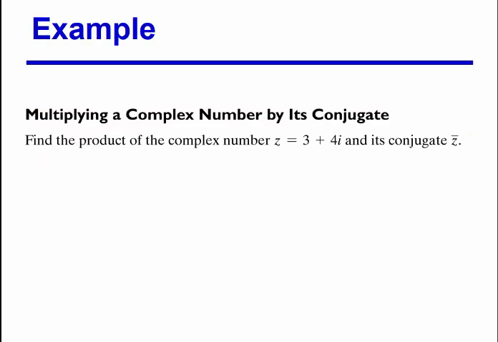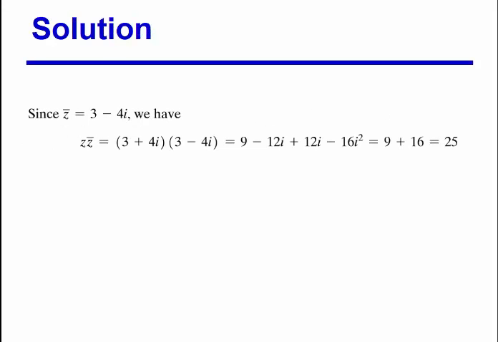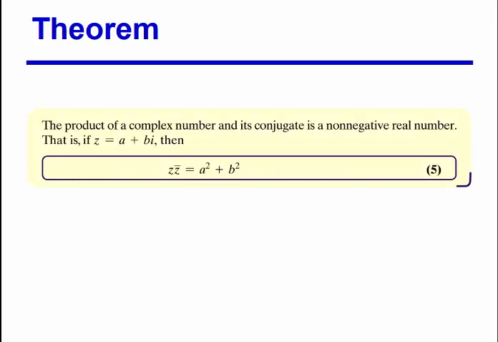So, multiplying a complex number by its conjugate. We're going to find the product of complex number z, which is 3 plus 4i, and its conjugate, z bar. And so z bar is simply 3 minus 4i. So z times z bar is going to be equal to 3 plus 4i times 3 minus 4i, which gives us 9 minus 12i plus 12i minus 16i squared, which then results in 9 plus 16, which is 25.